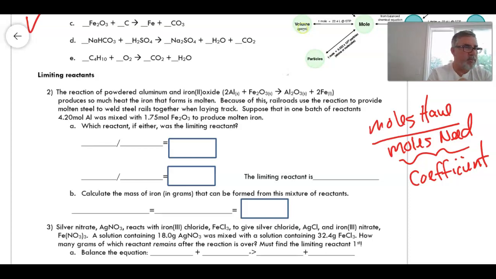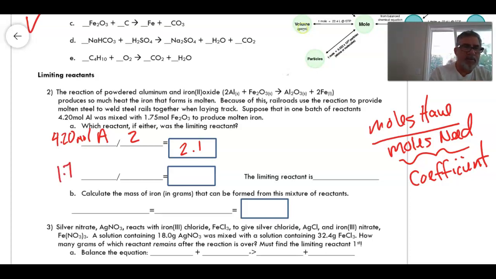So if we look at this problem right here, we have 4.20 moles of aluminum, and we need 2 moles of aluminum. So our ratio is 2.1 to 1.